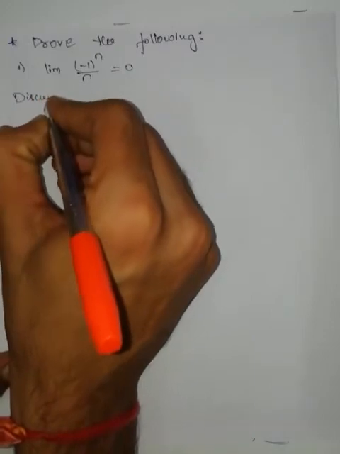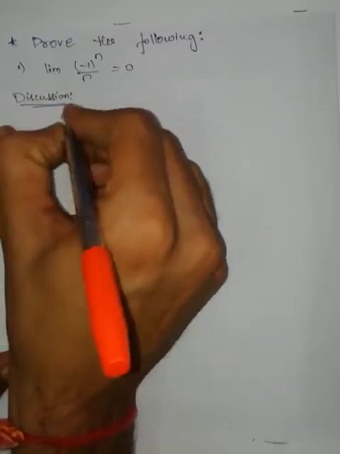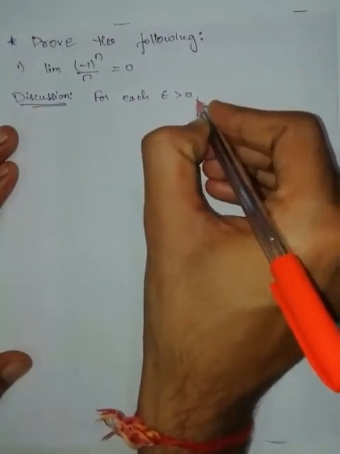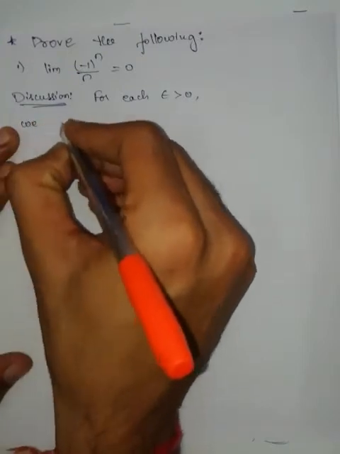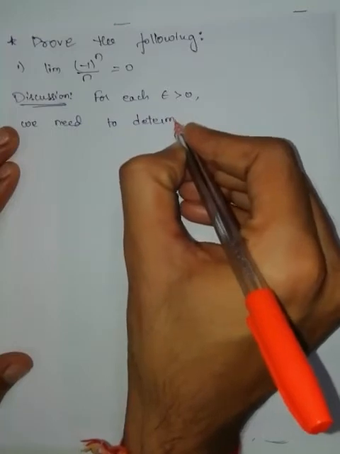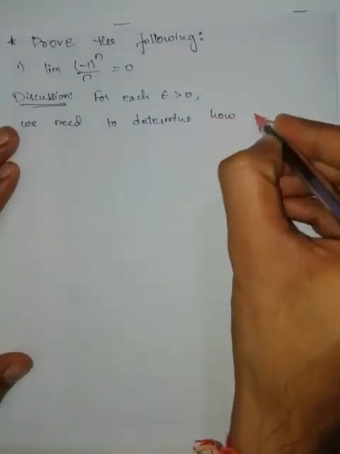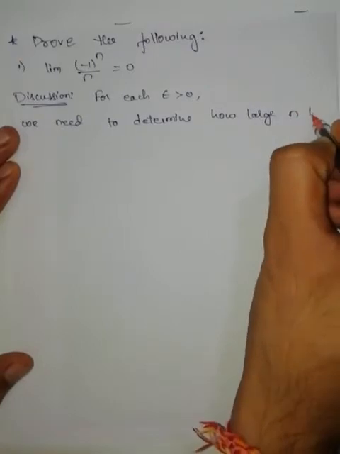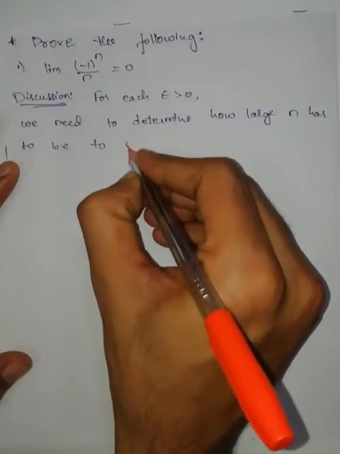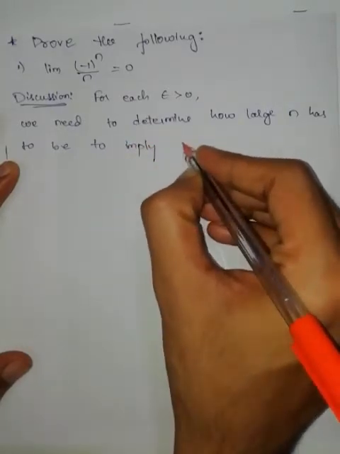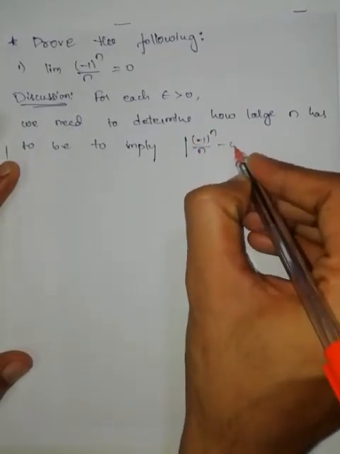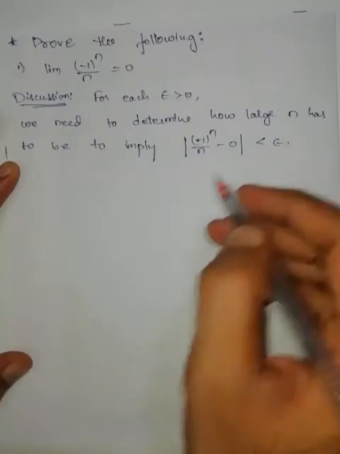Discussion. For each epsilon greater than 0, we need to determine how large small n has to be to imply that modulus of (minus 1 to the power of n by n minus 0) is less than epsilon.